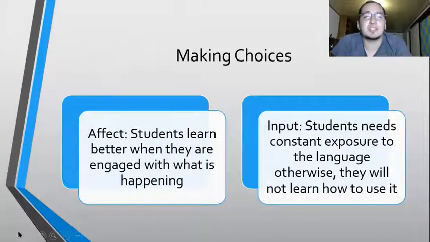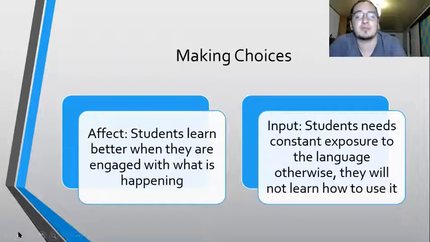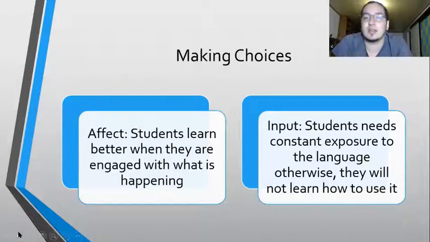Now, making choices. We have two sides of the coin, and at the end, it's about teaching the students a second language. The affect and the input, those are the two sides of the coin. Affect: students learn better when they are engaged with what is happening. So we have here the students that are on a side of the room, and they just love to get exposed to the language.